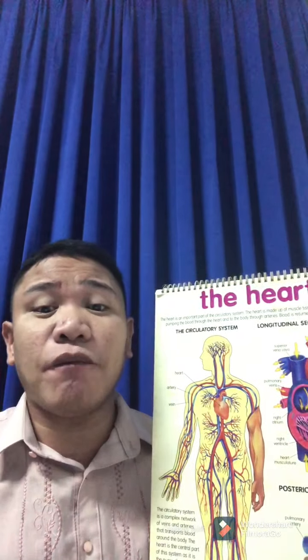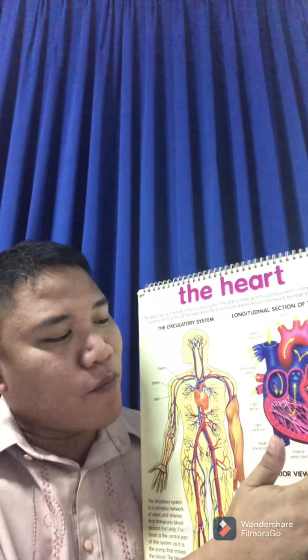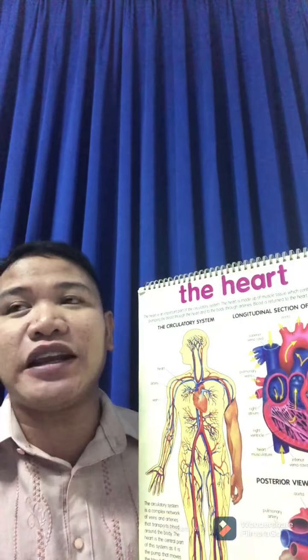It is the only vein that carries oxygenated blood because that blood is oxygenated blood na. Okay? Meaning, meron na siyang oxygen. Then, after niya makarating sa left atrium, it will go now to the left ventricle. Then, the left ventricle will be the one to pump out the blood.